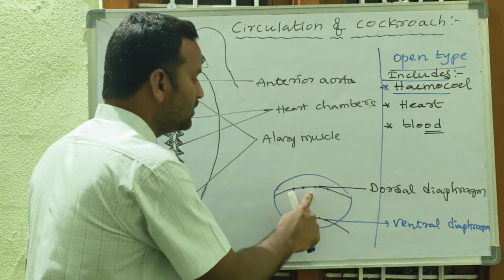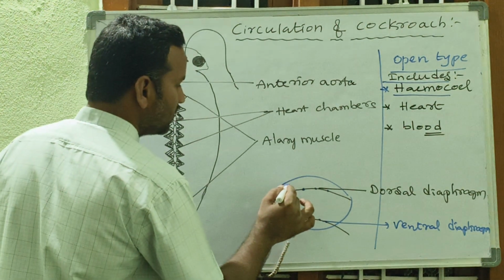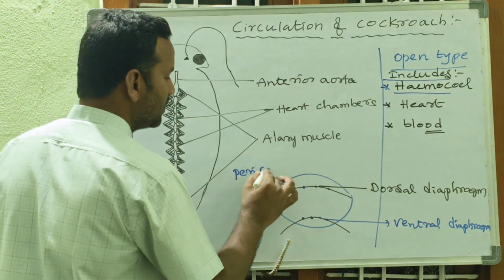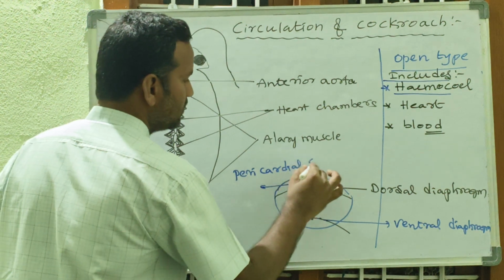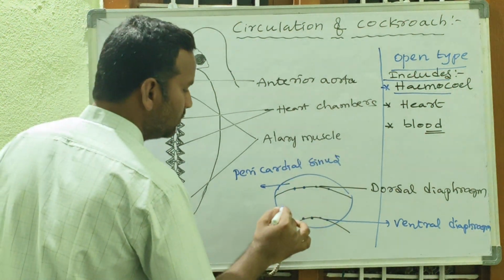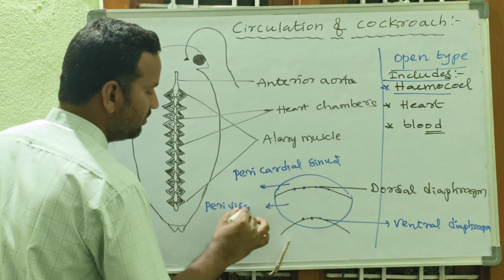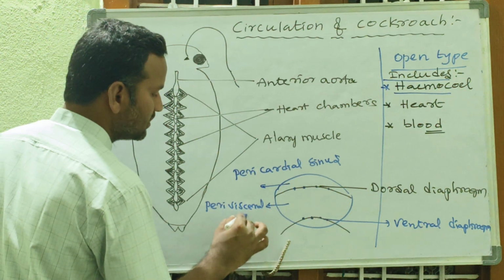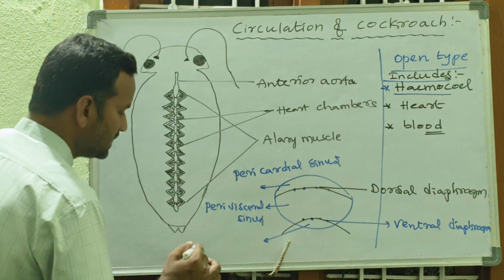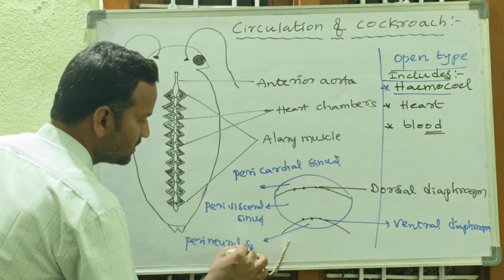Then these three chambers are called: the dorsal chamber, otherwise called the pericardial sinus; then the perivisceral sinus; and now this is called the perineural sinus.